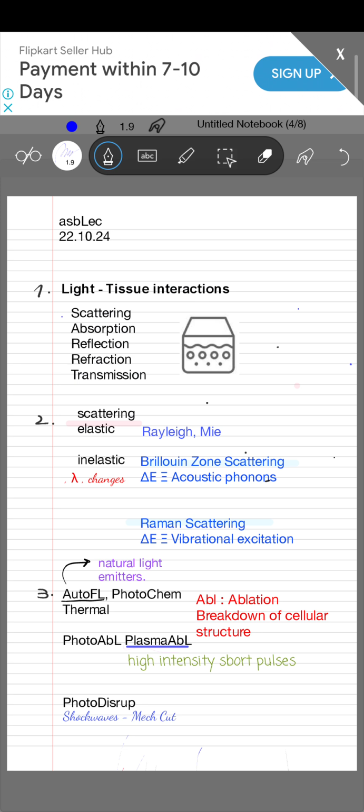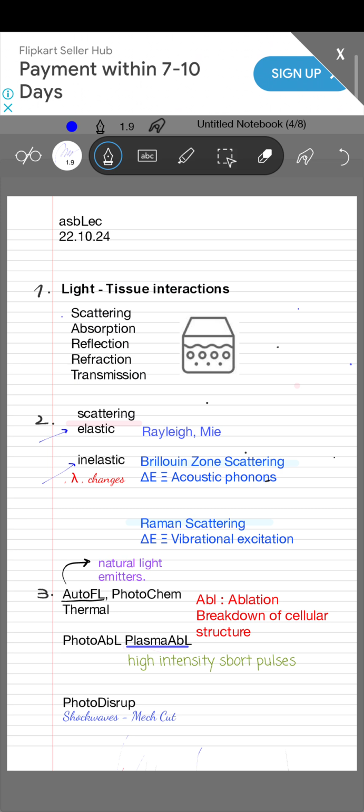Scattering, as we all know, can be subdivided into either elastic scattering or inelastic scattering. Elastic scattering, and this goes for living tissues as well, has two types: one is Rayleigh scattering and one is Mie scattering.